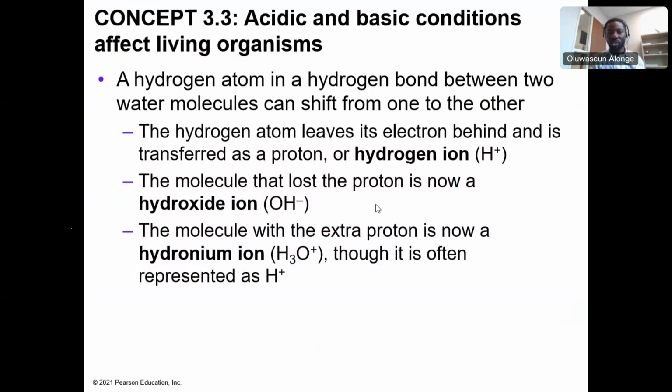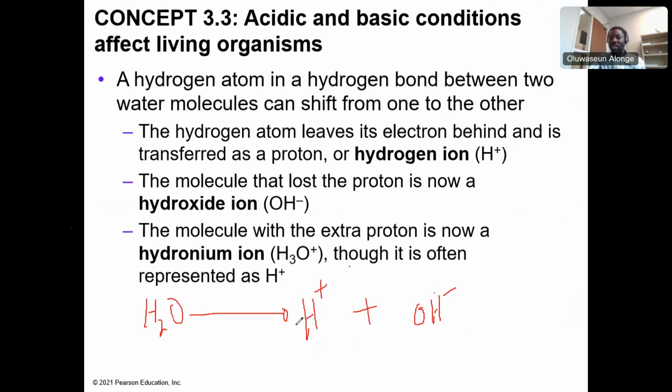So if you dissociate H2O, it's going to give you hydrogen plus and OH minus. Hydrogen plus is a proton, a hydrogen ion, and this is the hydroxyl or hydroxide ion. So when you break down a water molecule, this is what it gives you.